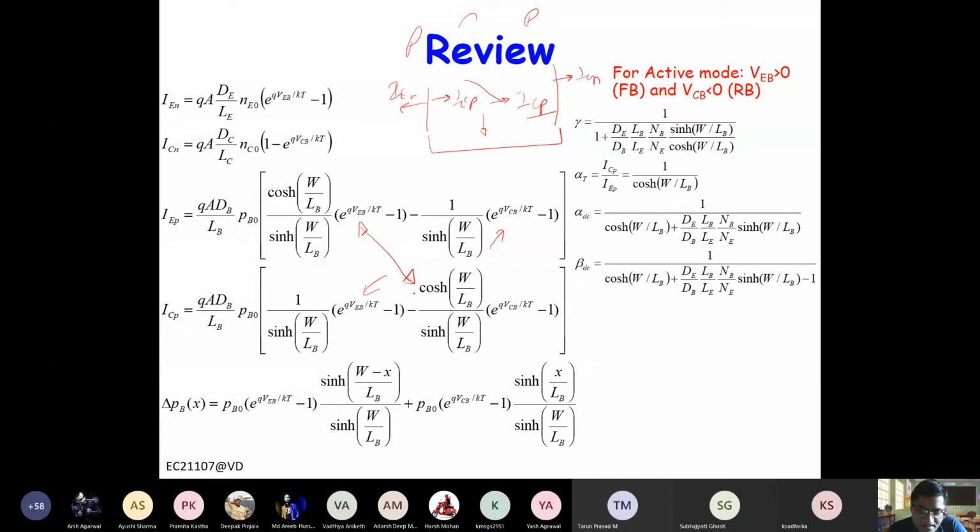And of course, their signs are reversed. The rest of the things are the same. That is because if the emitter and collector doping is exactly the same, then as far as current is concerned, we should not see any difference whether you take base emitter as forward bias or you take collector as emitter. So that's why these equations are symmetric.